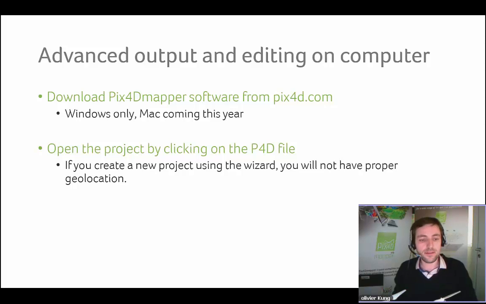If the software is properly installed, you just have to click on the P4D file, the software will open, and you have to click on Start Processing. You don't have to go through any wizards or steps. And after a few minutes, you'll have the 3D model appearing on your computer.